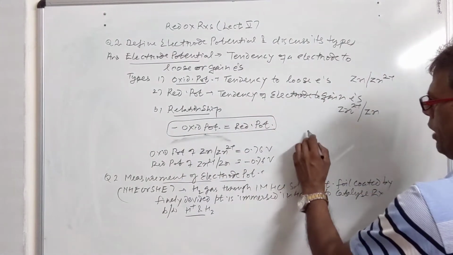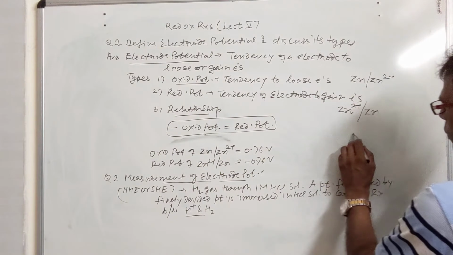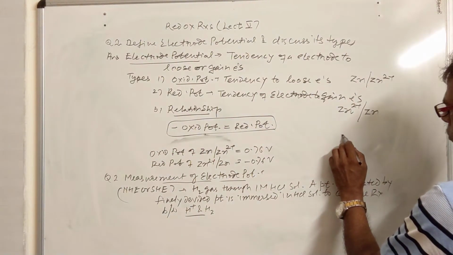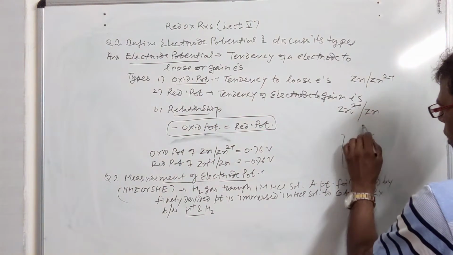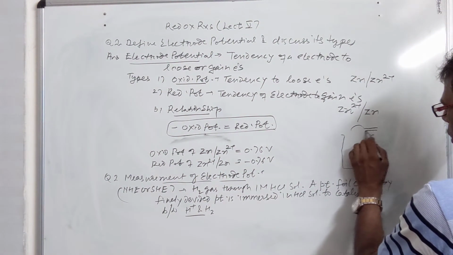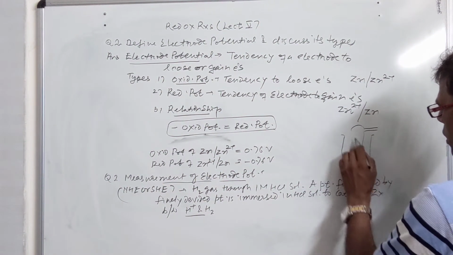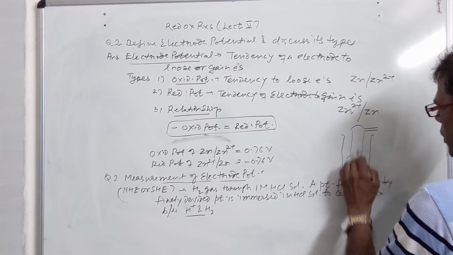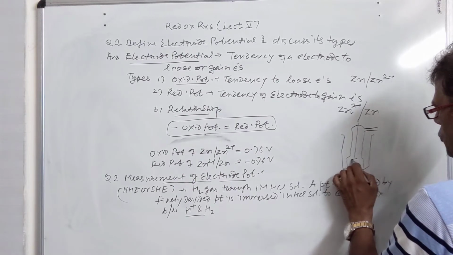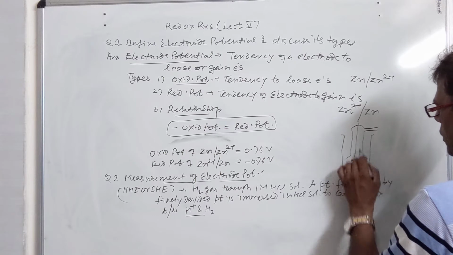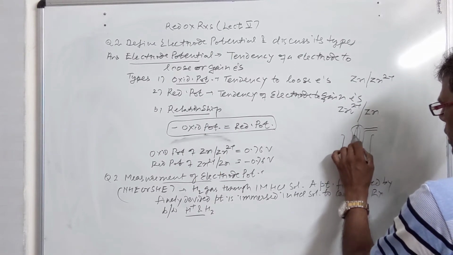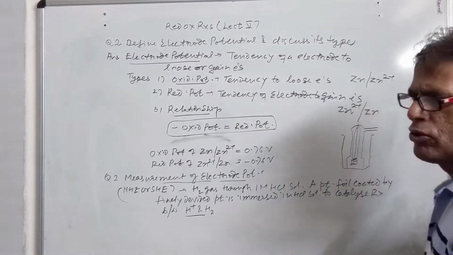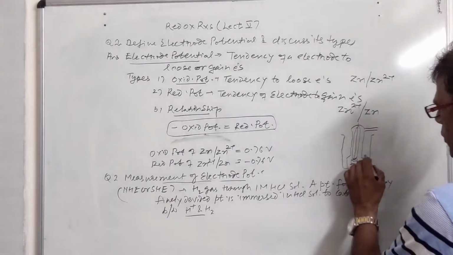Now how is it prepared? This is a glass vessel. It has a glass hood internally in which the platinum foil is suspended, and this conducting copper wire is enclosed in a glass tube so that it should not lose electrons.